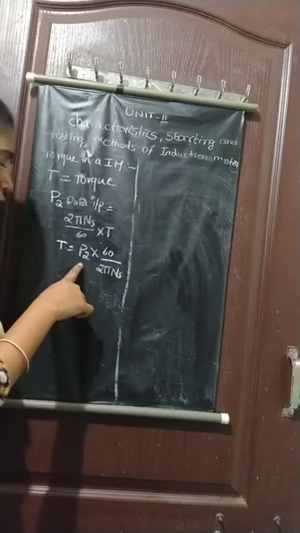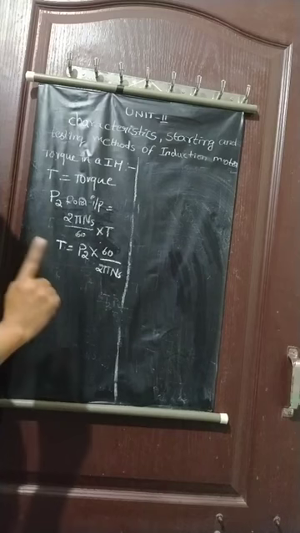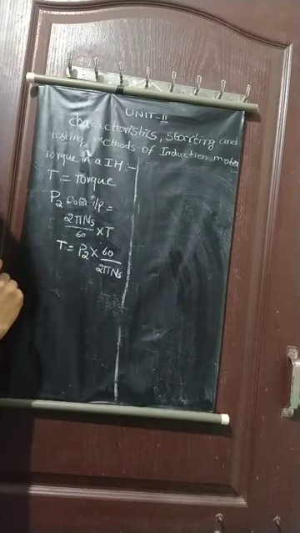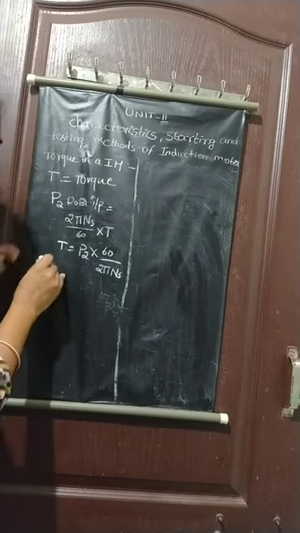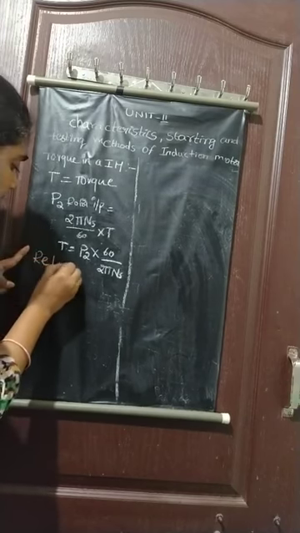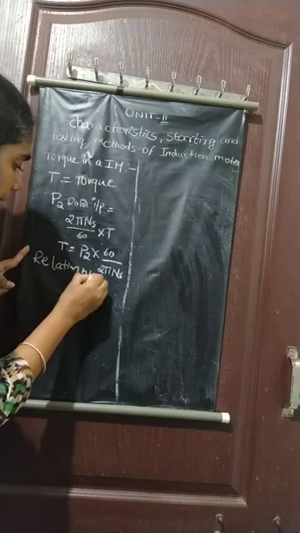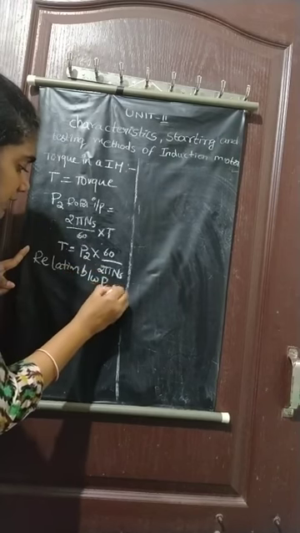P2 is nothing but rotor input, and to find it we first need P2 and PC. PC is nothing but copper loss in an induction motor. So find the relation between P2 and PC.